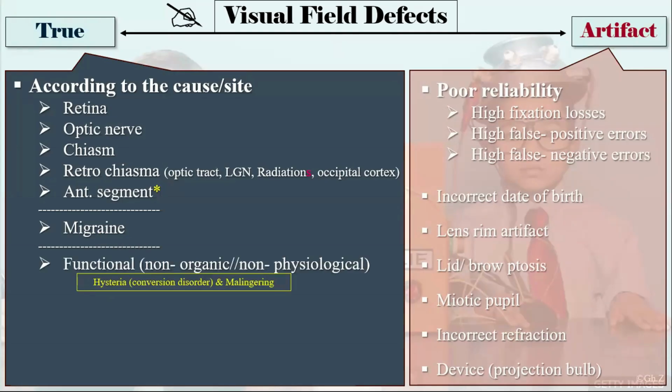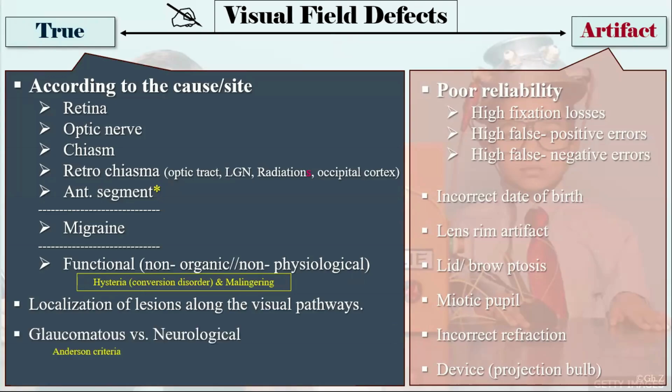We should also be aware of functional visual field defects. The other names are non-organic and non-physiological, which include hysteria, convergence disorder, and malingering. Another important classification, other than the localization of lesions along the visual pathway, is glaucomatous versus non-glaucomatous or neurological disorders.